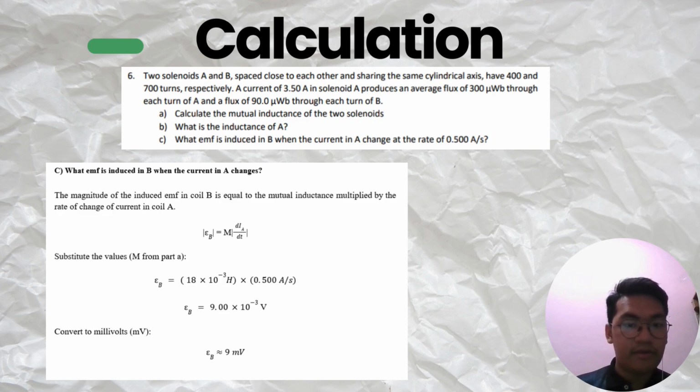The magnitude of the induced EMF in coil B is equal to the mutual inductance multiplied by the rate of change of the current in coil A. Substituting the values from the information given, we get 9.00 times 10 to the power of -3, which is equal to 9 millivolt.